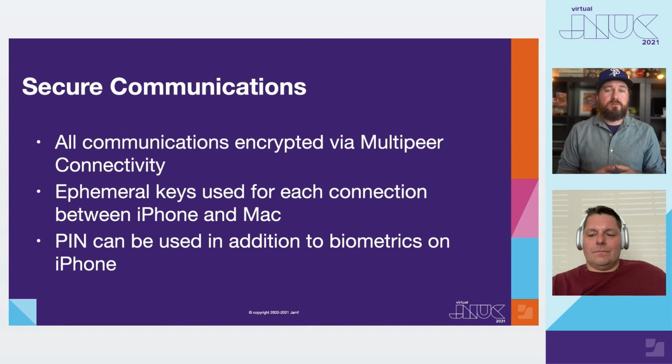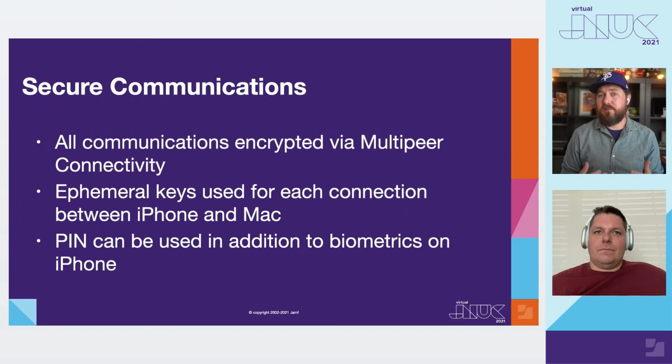So as I mentioned, because we're able to use multi-peer connectivity for the communication channel between the devices, we can ensure that the data itself is encrypted in transit, that there's a way to flag that type of traffic for multi-peer connectivity. So we can create ephemeral keys for each of our devices that are used for each new connection between the phone and the Mac.